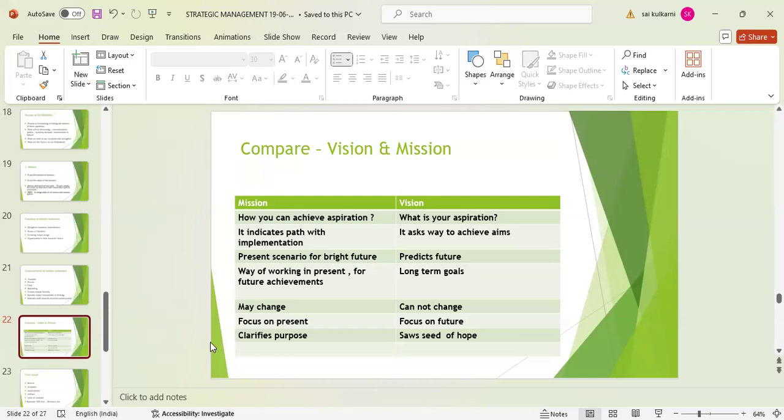Okay. Now, secondly, we can compare the same concepts like this: the mission statement indicates the path of implementation, the way towards the objective.